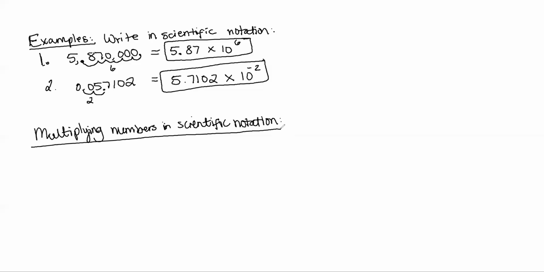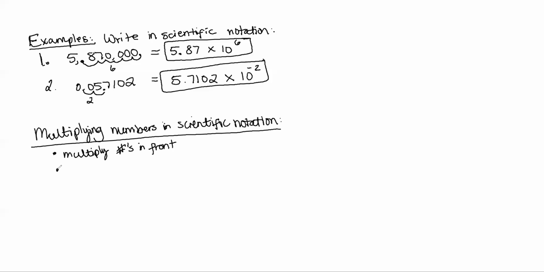So because we're going to have numbers in scientific notation like this, we're going to multiply the numbers in the front first. Multiply the numbers in the front.